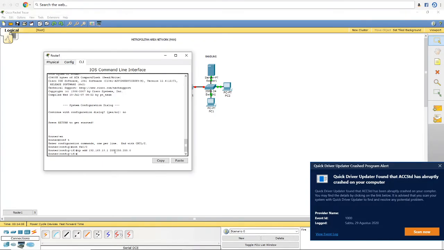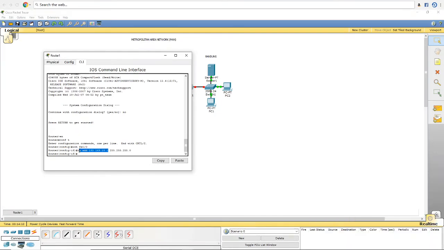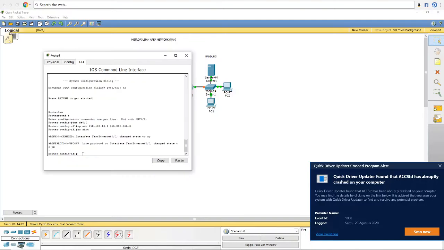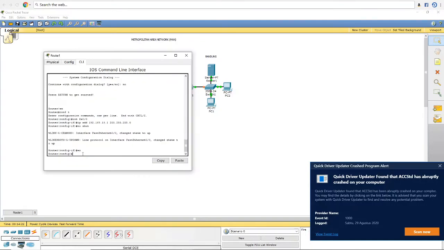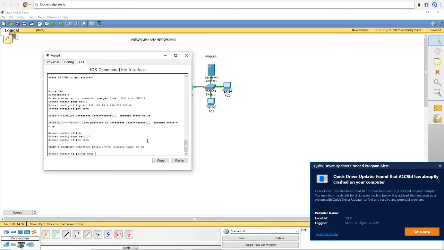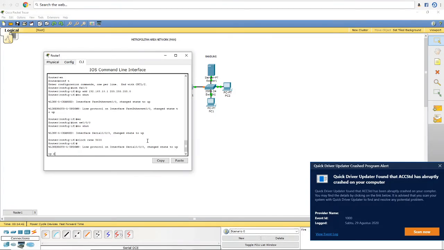For router Bandung, we are using the IP address class C that we have written before in router Solo, with host ID 1. No shut, and then go to the serial. No shut, clock rate, then IP address.